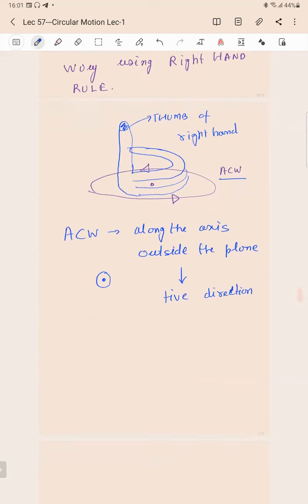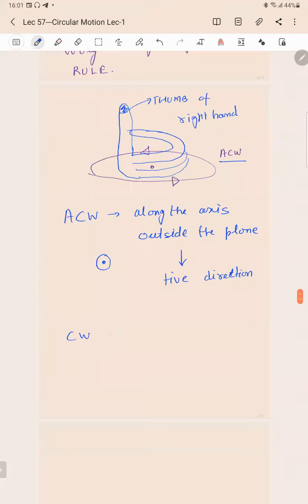Similarly, clockwise direction is along the axis inside the plane, denoted by this, and this is basically the negative direction. Are you getting my point? Yes, sir.